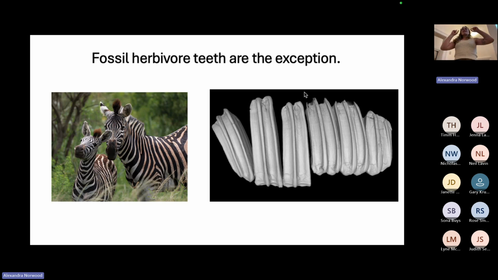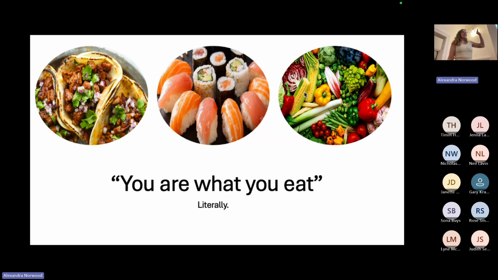Teeth are also really cool because they're one and done as far as growth goes, which your dentist has probably told you at some point: your bones can repair themselves if something happens and your teeth cannot. Your teeth are growing and capturing a really specific moment in your life, and then they're never remodeling or overprinting on that signal. So a tooth captures the chemical composition of what you're consuming at a very exact moment. The way I always phrase this is, you are literally what you eat. It's not just an expression. Everything that you eat is recorded in your tissues.